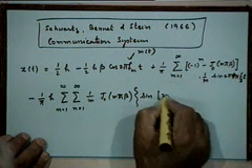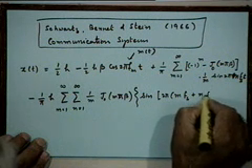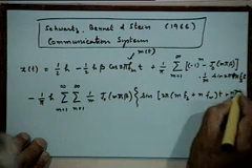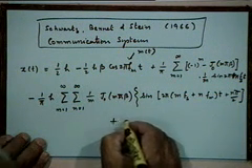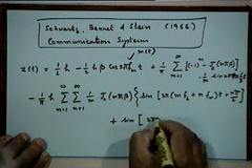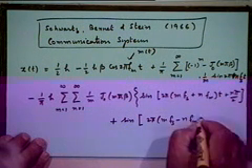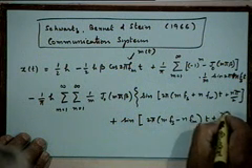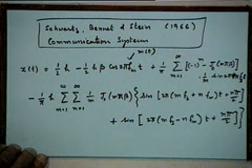Sine of 2 pi m f sub s plus n f sub m into t plus n pi by 2, plus sine of 2 pi m f sub s minus n f sub m t plus n pi by 2. Is it complicated enough for you? Yes. Good.